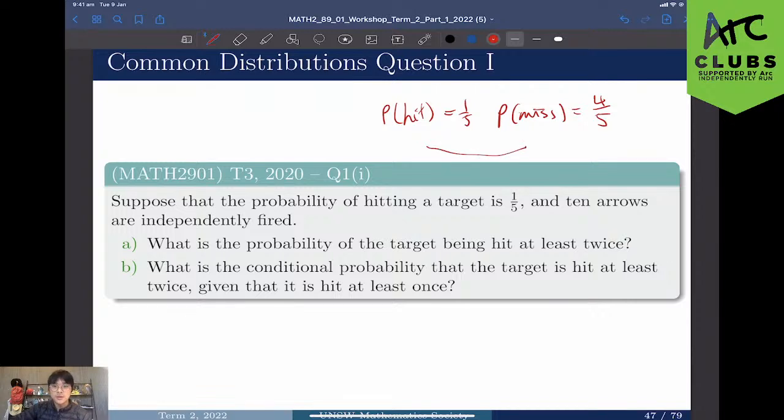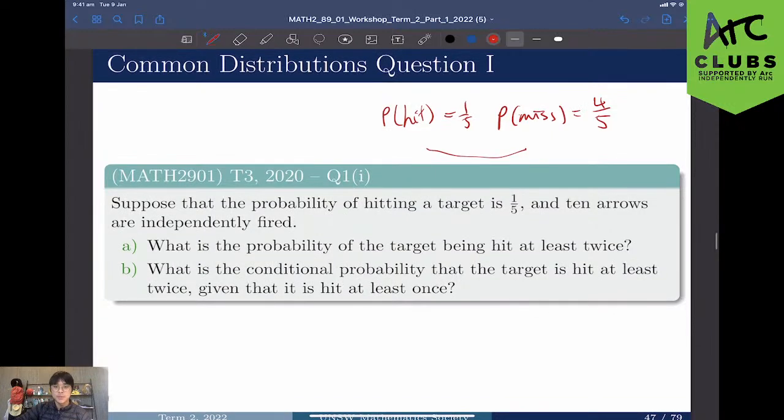Each time you fire an arrow, that is a Bernoulli trial, because you either are successful or you fail. And there are 10 arrows that are fired. So if we remember, n successive Bernoulli trials gives the binomial distribution.